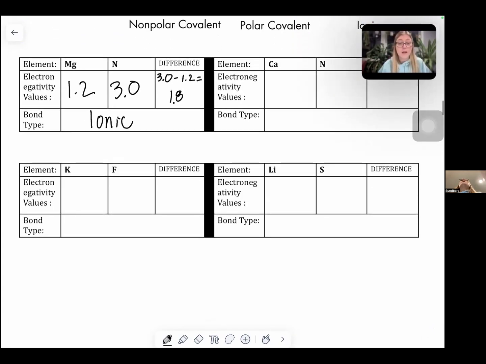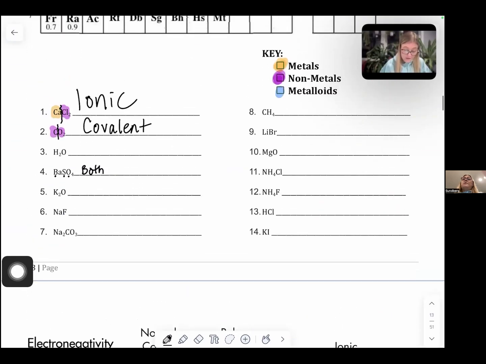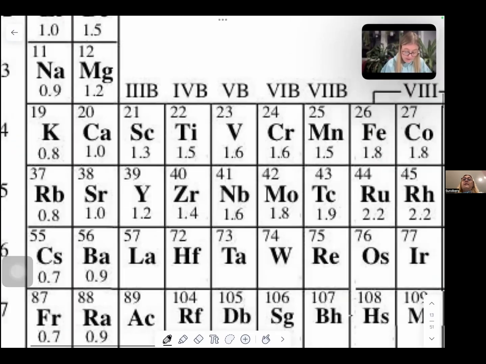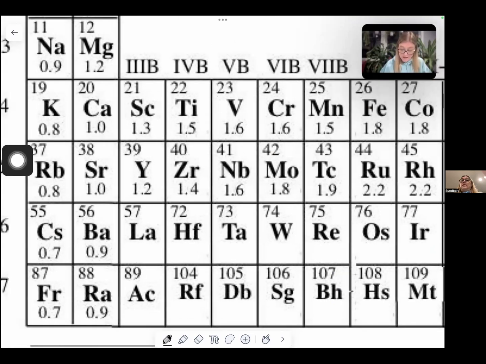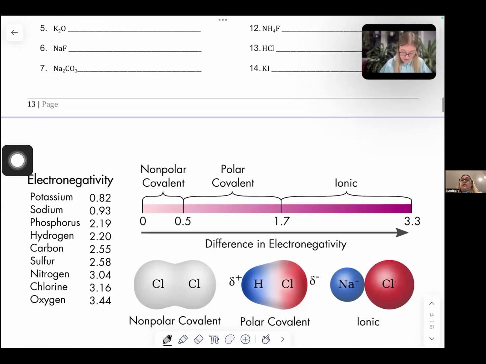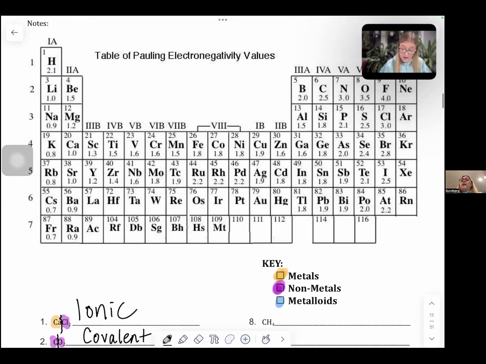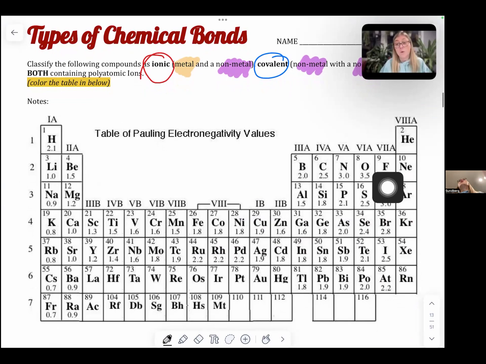Okay, let's look at the next one. K with F. So potassium with fluorine. So I'm going to come up here, find my potassium value is 0.8. And I'm bonding it with F. And my F value is 4.